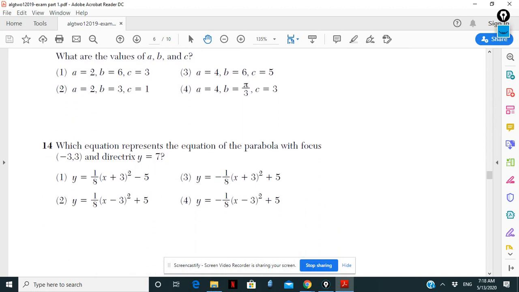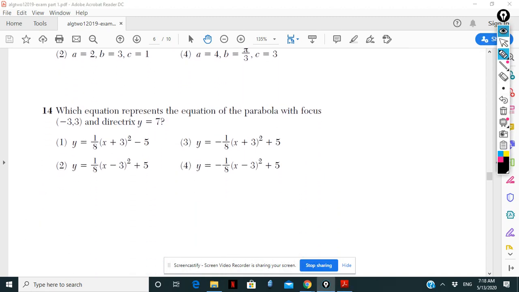Question number 14. Which equation represents the equation for a parabola with a focus at (-3, 3) and directrix y equals 7? So now here's x and y, (-3, 3). That's the focus.